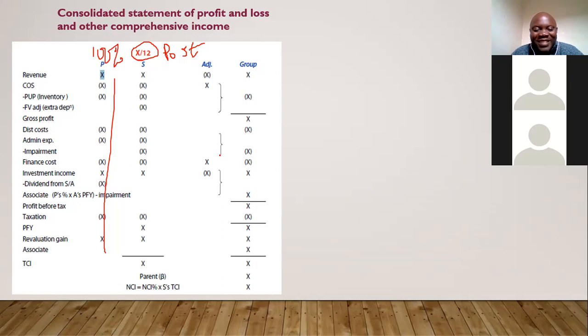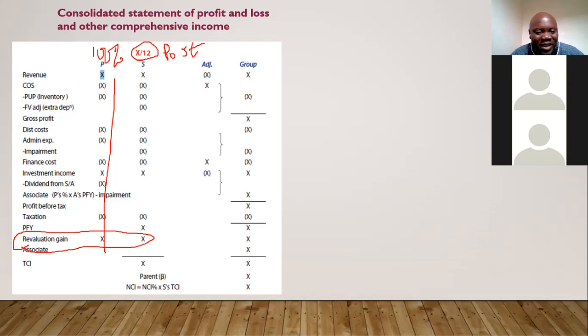So that brings us to the concept of pro rata. If the acquisition is in June or maybe July, we'll assume that the first 6 months were before acquisition, so we shall divide all the transactions by 2. The only thing we cannot do pro rata on is revaluation, because it comes in at the end of the year.